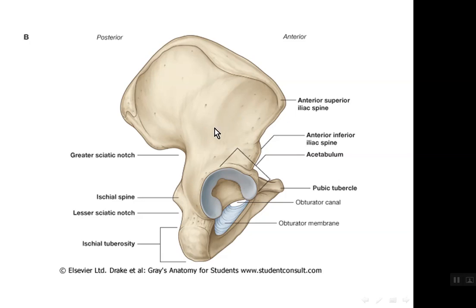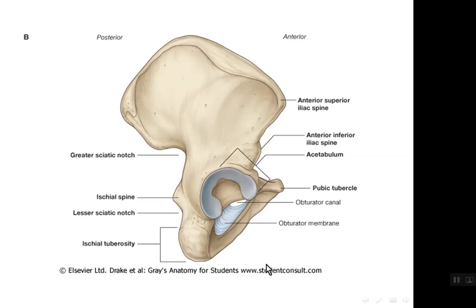The hip bone in the superior portion has a part whose name is the iliac portion. In the inferior anterior we have another portion, which is the pubic, and the last one, in the inferior and posterior portion, is the ischium.